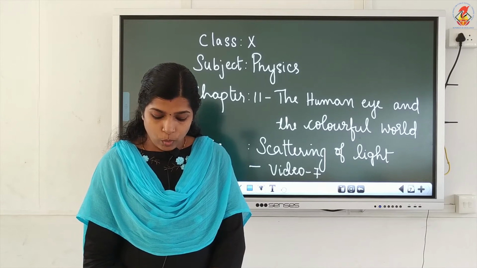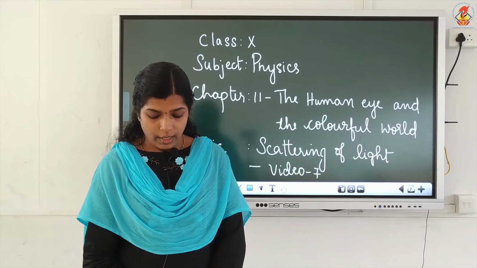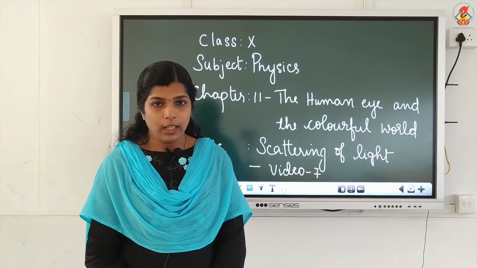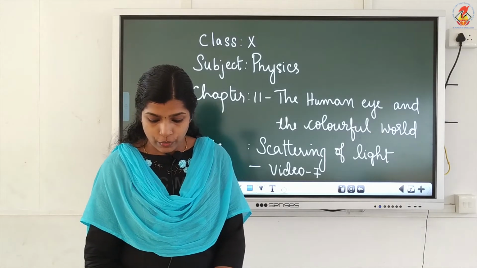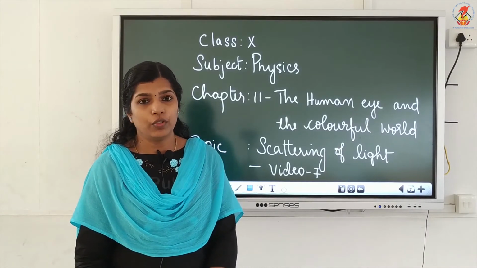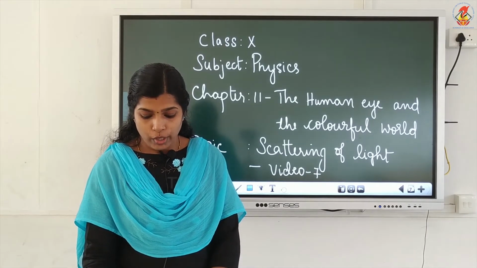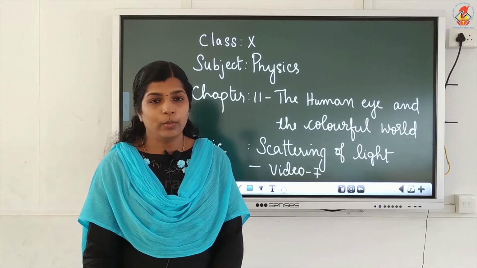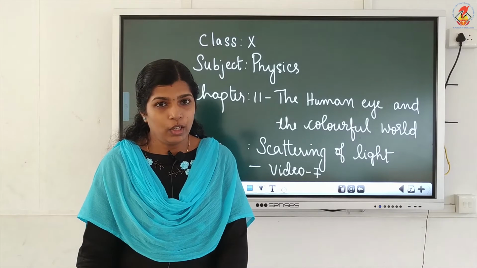Here, tiny water droplets in the mist scatter the light. So, scattering of light is a phenomena of change in the direction of the light when it strikes on particles like molecules, dust particles, water droplets, etc. So, that is scattering of light.